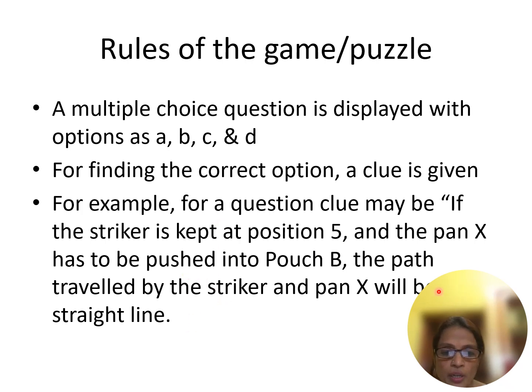So here, remember, the position of the striker is at 5. Pawn X has to be pushed into pouch B. So the path taken is a straight line.